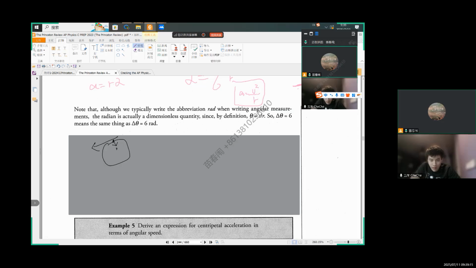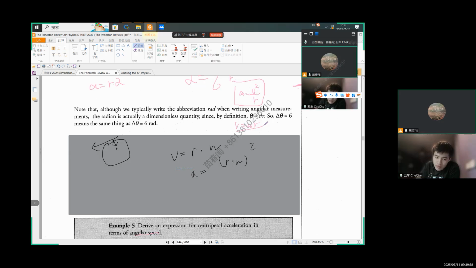They want to use the angular velocity, angular speed now. Oh, so you could just take that v, right? Because v equals r times omega. So just plug that in. Yeah, I can just substitute.